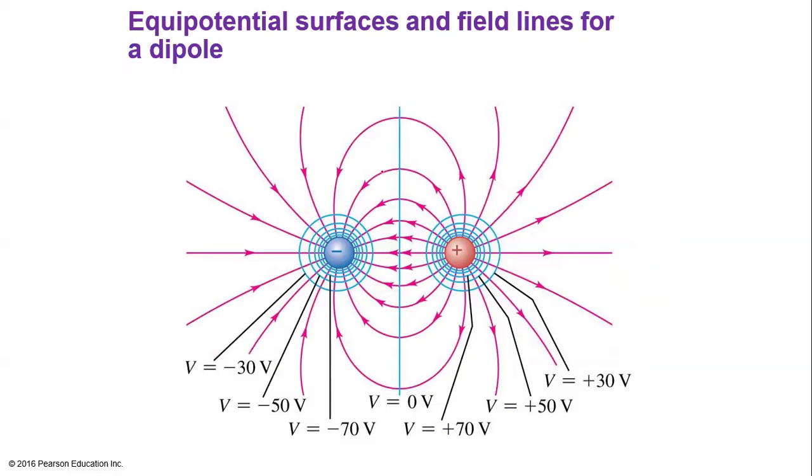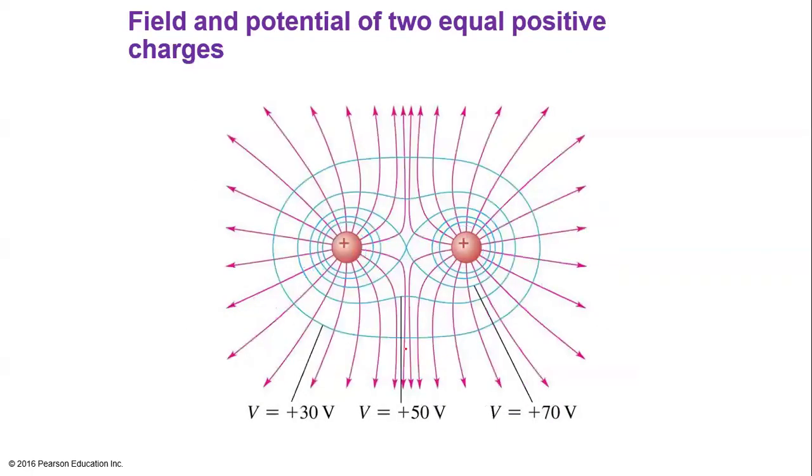If we have a dipole, with a positive and a negative charge, you have this form here, and if it's the same charge, this is going to be the form of the surface.